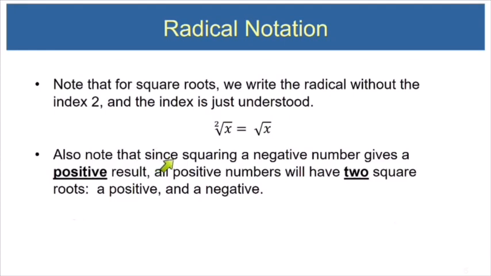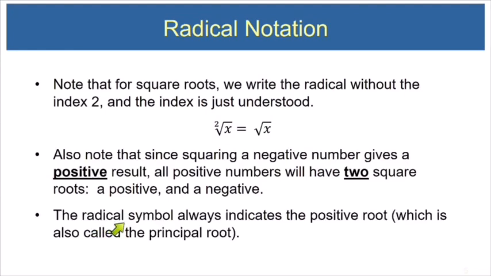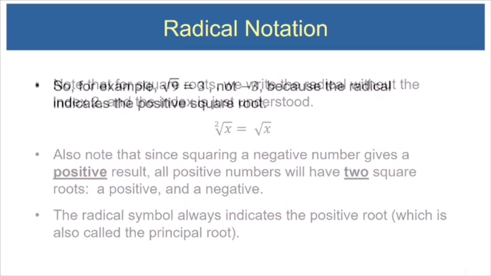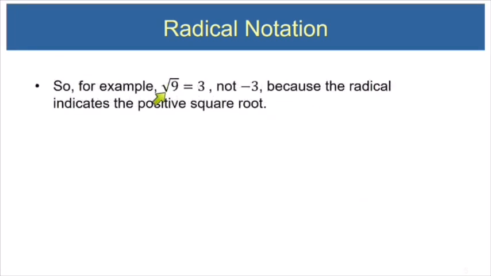Also, note that since squaring a negative number gives a positive result, all positive numbers will have 2 square roots, the positive square root and the negative square root. However, the radical symbol always only indicates the positive one, which is also called the principal root. So for example, the square root of 9 equals 3.